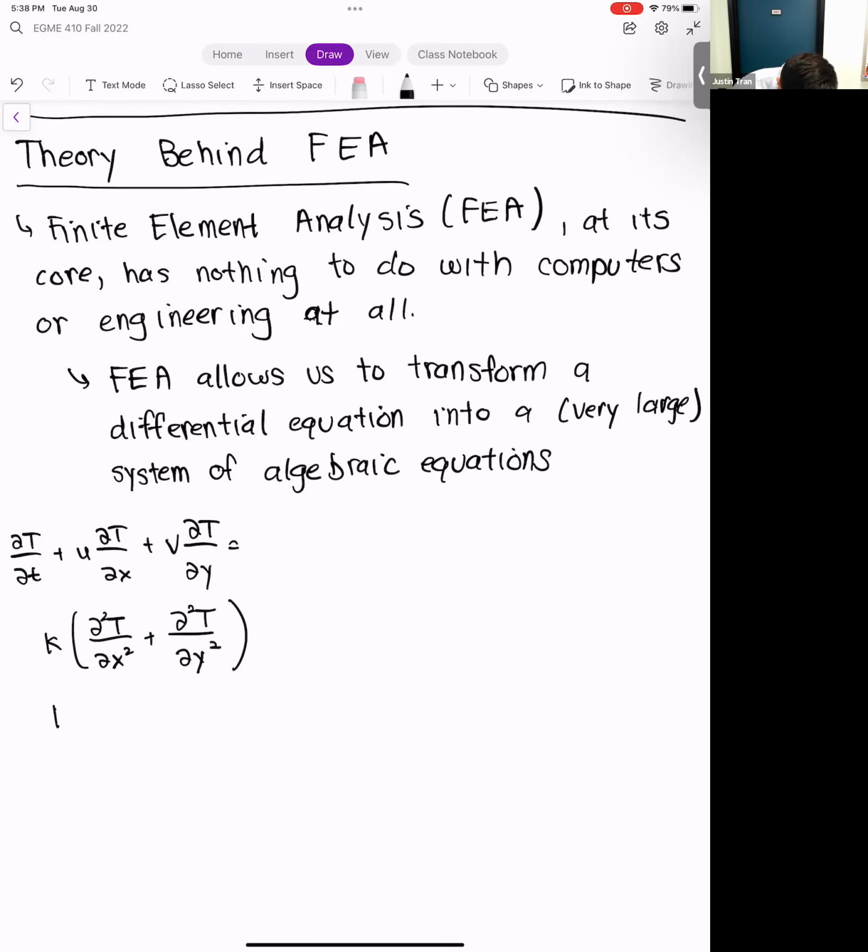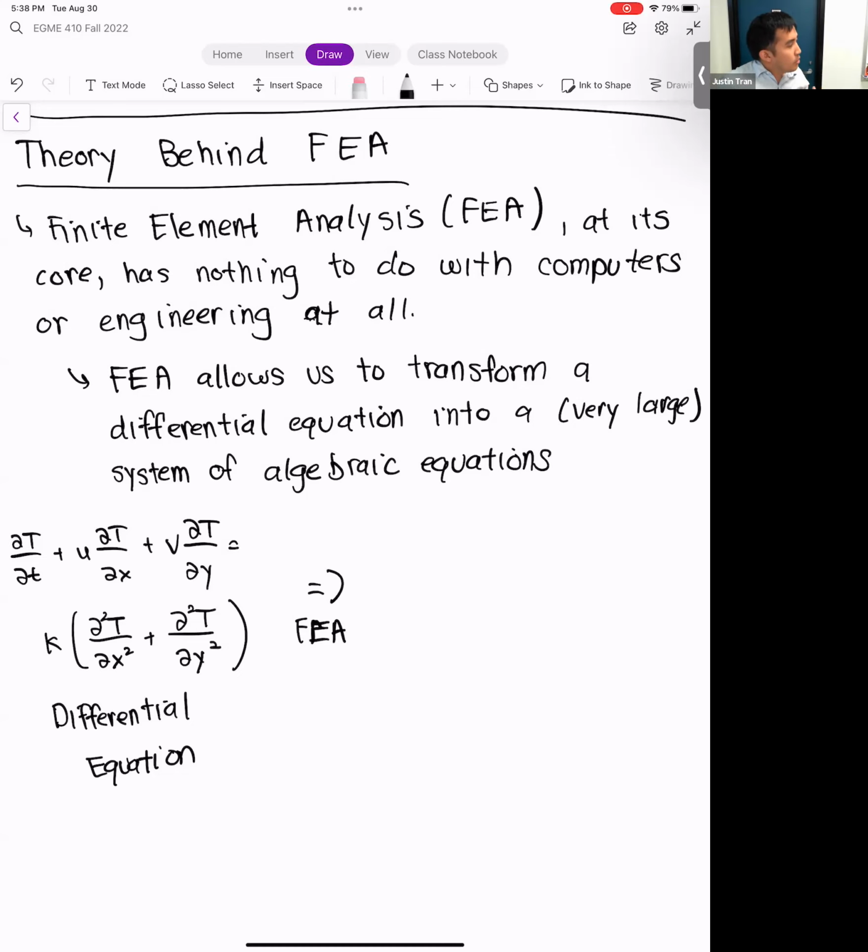This is a differential equation. In particular, this is a partial differential equation because we have partial derivatives there. Right. And through FEA, we can take this differential equation and turn it into a very large system of algebraic equations.